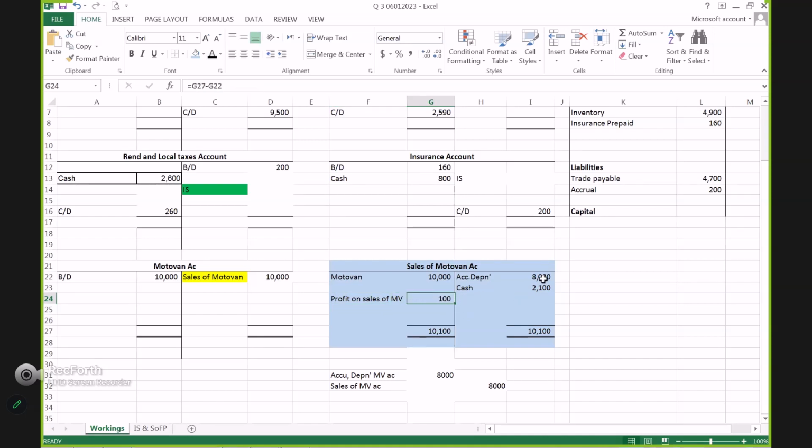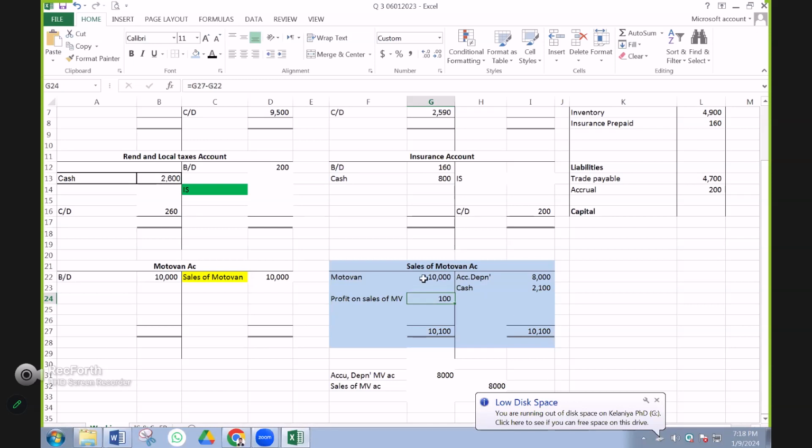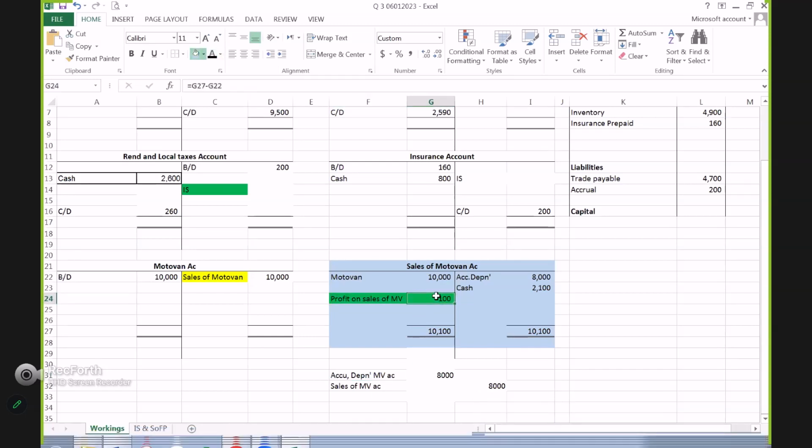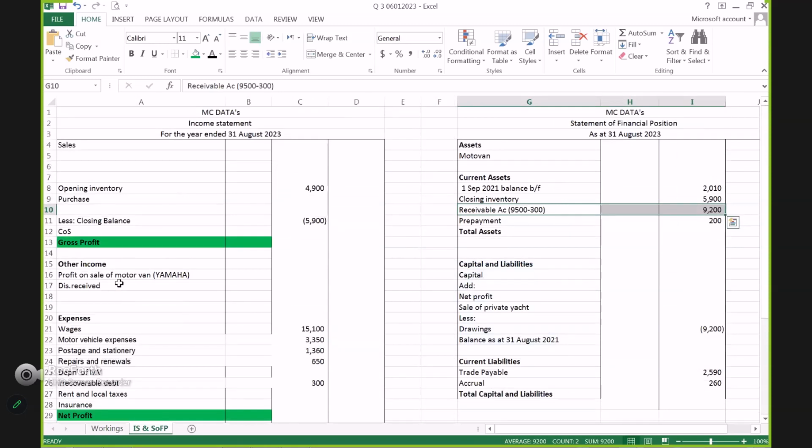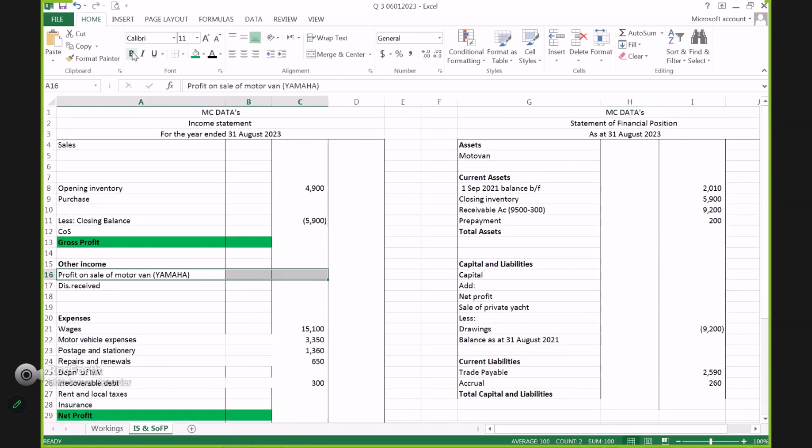The accumulated depreciation and cash total 10,100, and the motor van cost 10,000. Therefore, the profit on sale of the motor van is 100. It is other income in the income statement. It is 100. Did you understand?